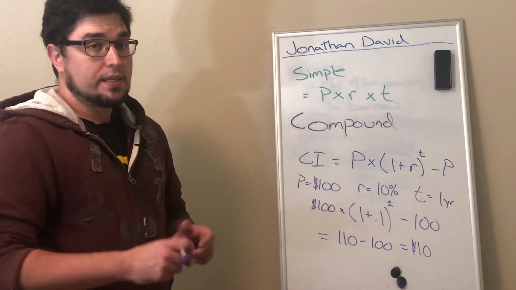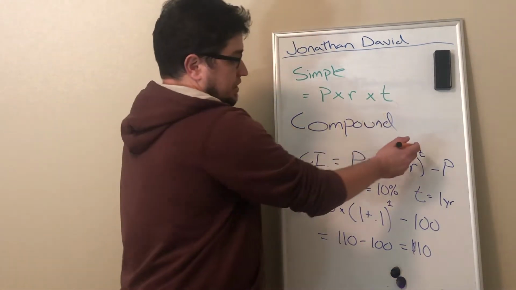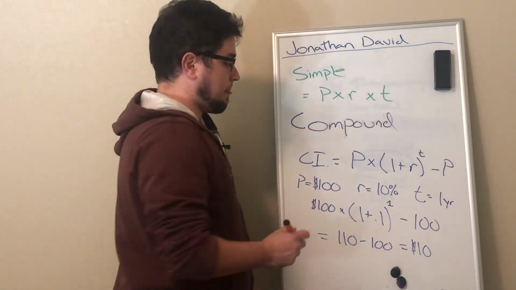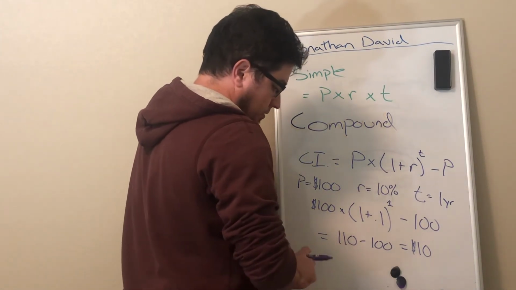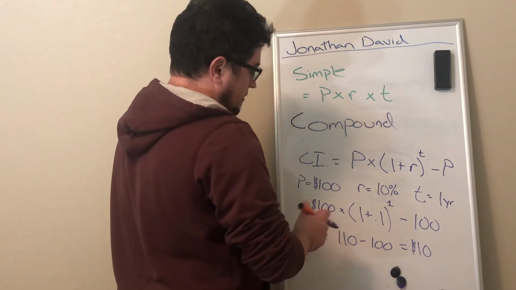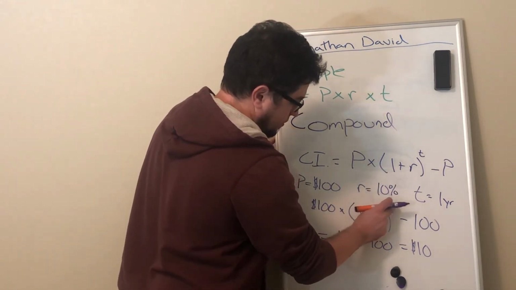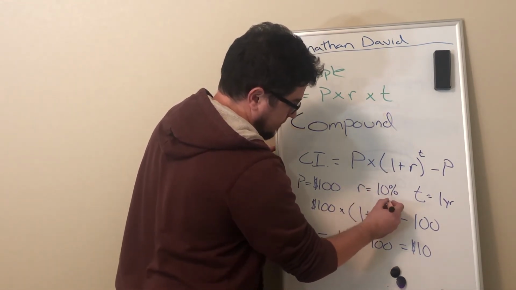Now, where things get interesting is when we change the value of T. So let's say T is now 2 years. If we change this to 2 here, everything else is staying the same.